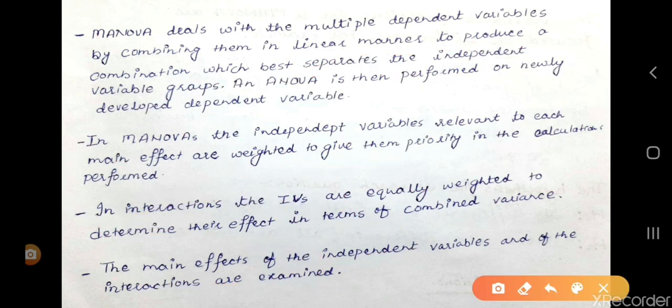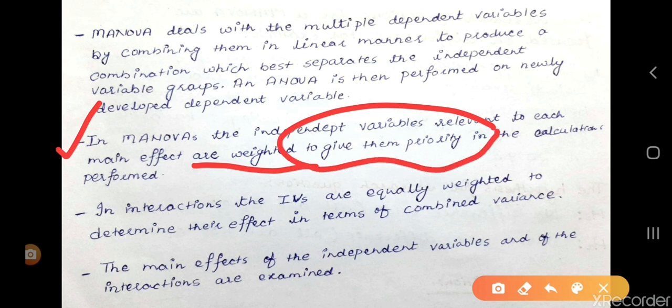Next is MANOVA weighting. In MANOVA, the independent variables relevant to the main effect are weighted. Why are we weighting them? We are giving weights to them to give them priority for calculation. So in MANOVA we give weight to the independent variables for making calculations on a priority basis.